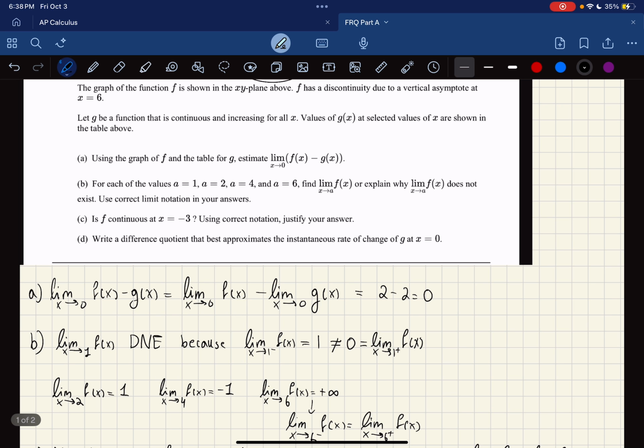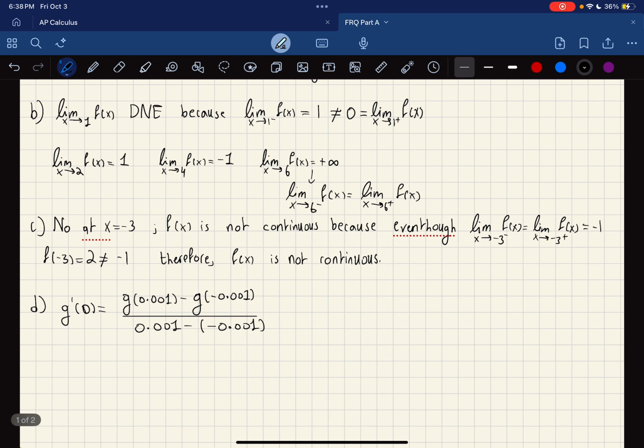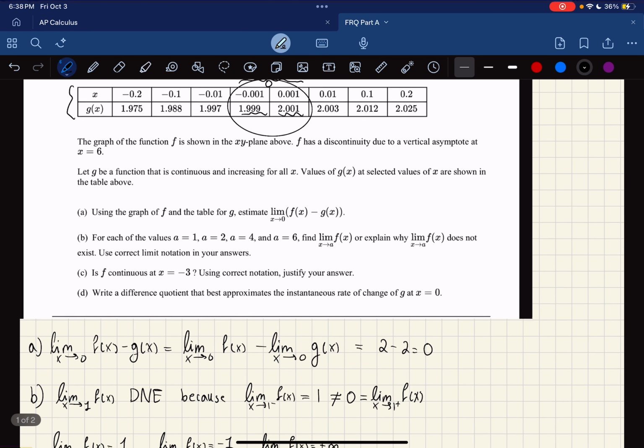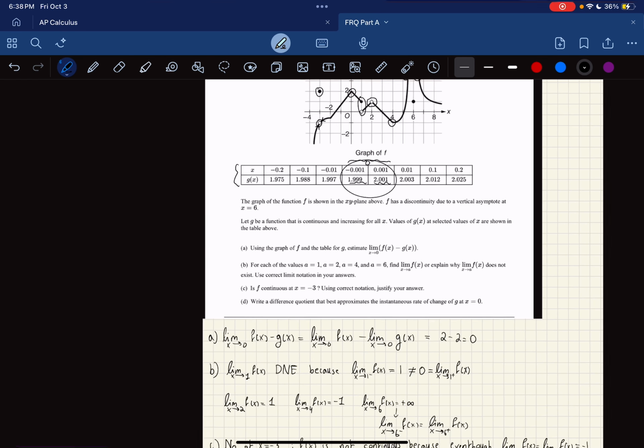So over here, they just told me a difference quotient that best approximates the instantaneous rate of change. So you don't need to find the answer over here, just the expression itself. So yeah, that's it for part D.